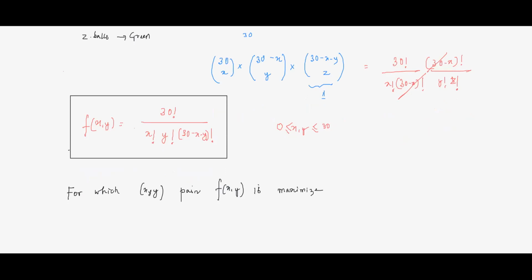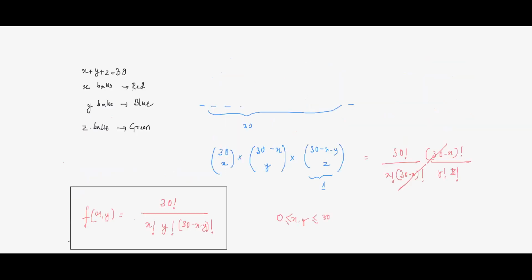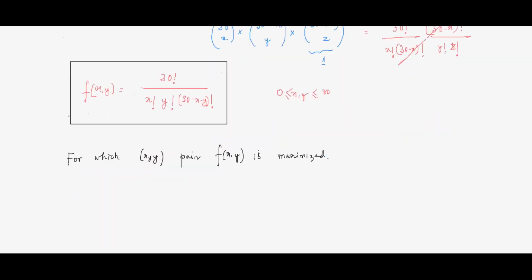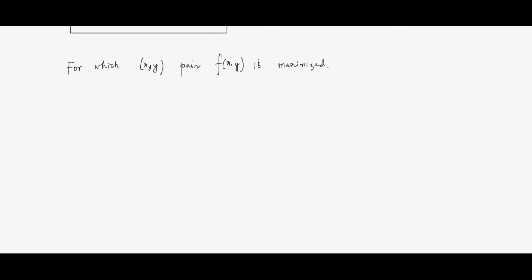Now, if you remember the binomial case, say it was 30 factorial by X factorial times 30 minus X factorial. The binomial way says that this will be maximized at X equal to 15. This is pretty easy to prove. So what was the method in that?